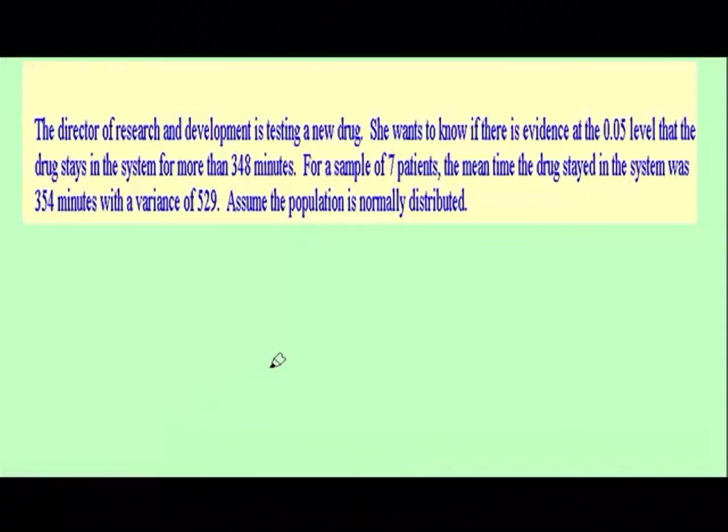The Director of Research and Development is testing a new drug. She wants to know if there is evidence at the 0.05 level that the drug stays in the system for more than 348 minutes. For a sample of 7 patients, mean time the drug stayed in the system was 354 minutes, variance of 529. Let's pick out those pieces of information. Given as seen, alpha equals 0.05.